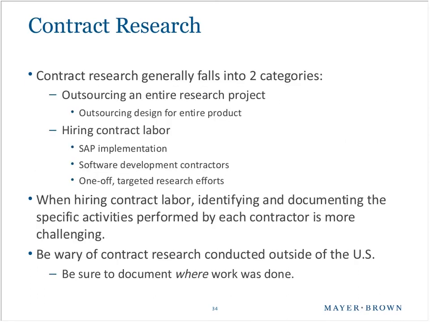There are typically two types of contract research. You can have the outsourcing of the entire research project. You ask some independent company to help you develop component X, and the contract is entirely for that activity. Therefore, you don't have to worry about the details of what was done by the third party.